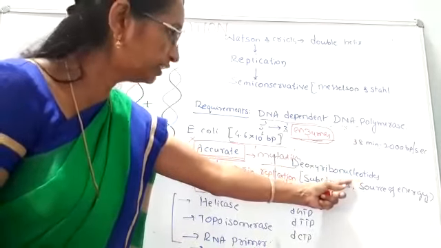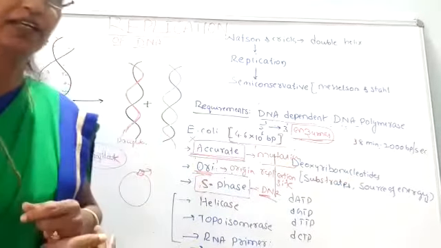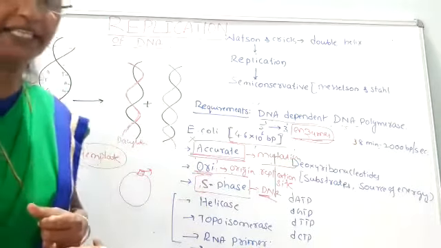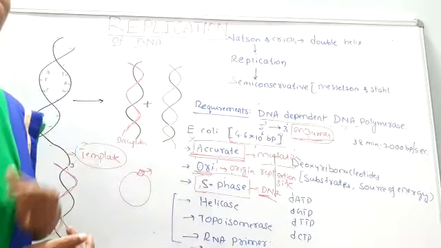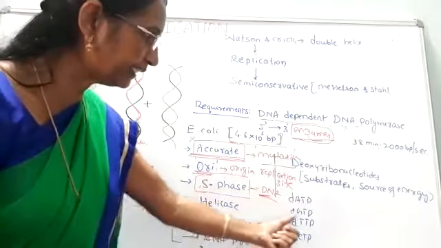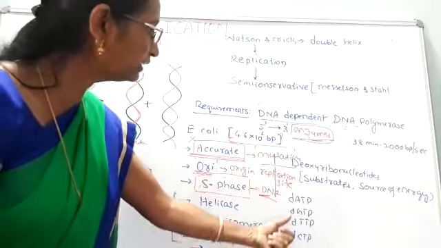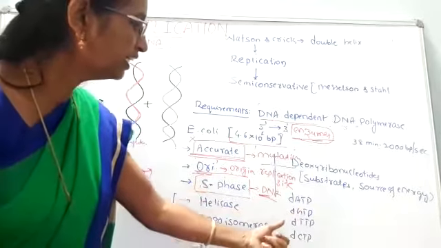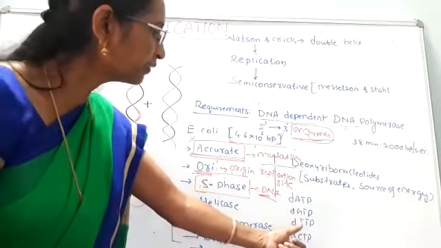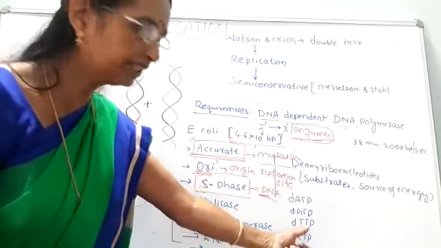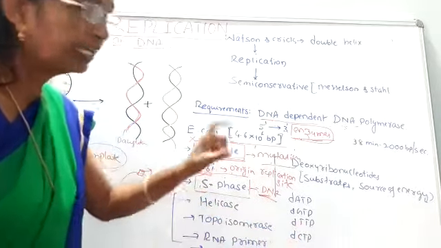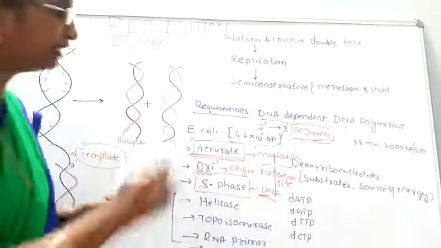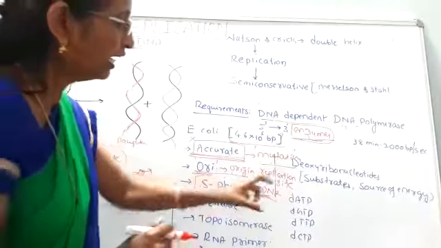Since we have discussed that, for the polymerization of the DNA, the raw materials are dATP, dCTP, dTTP as well as dGTP: adenosine triphosphate, guanosine triphosphate, cytosine triphosphate. That means these terminal phosphates are required.